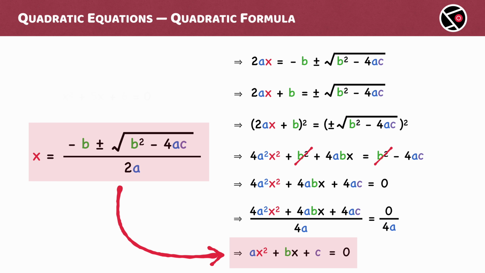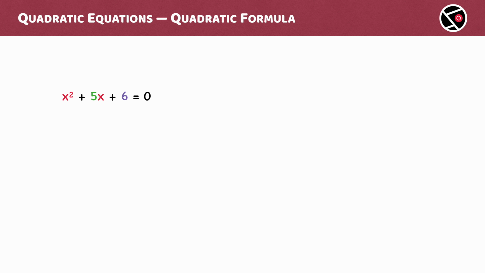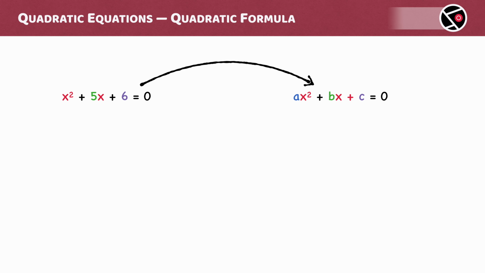Now let's try some examples. We have x squared plus 5x plus 6 equals 0. We compare this with ax squared plus bx plus c equals 0. The coefficients are a equals 1, b equals 5, and c equals 6. Now here is the quadratic formula. X equals minus b plus minus square root b squared minus 4ac over 2a.